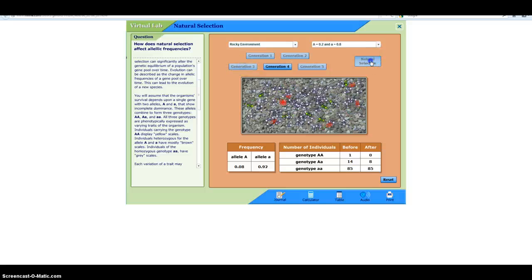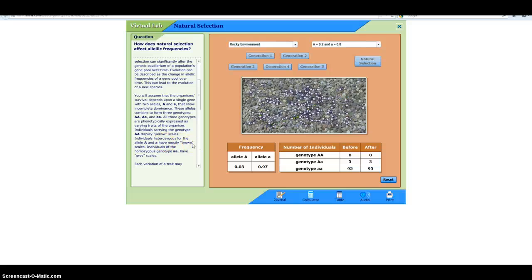Generation 3, natural selection. What's happening? We're losing everything but the gray. Generation 4, natural selection. We're losing slowly everything but those animals that blend in with their background, because predators can find the others. So now we're down to only 3 of these green AA.